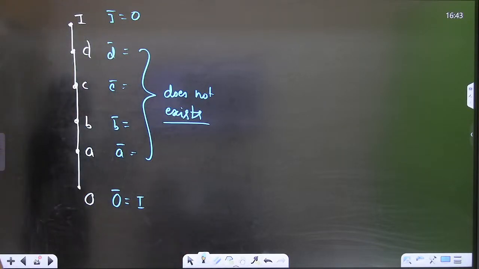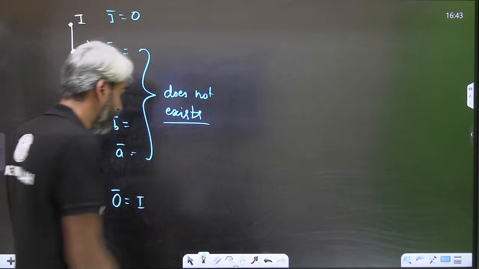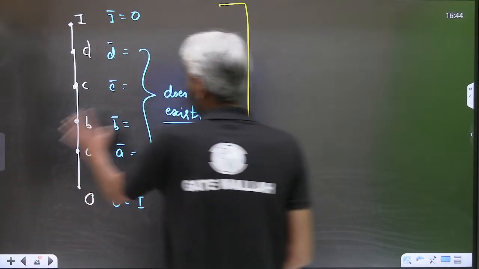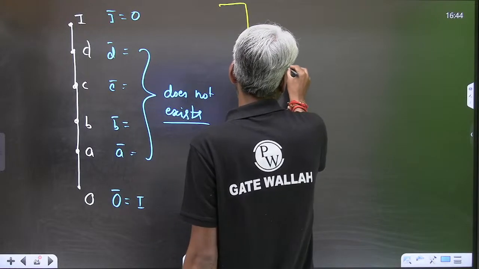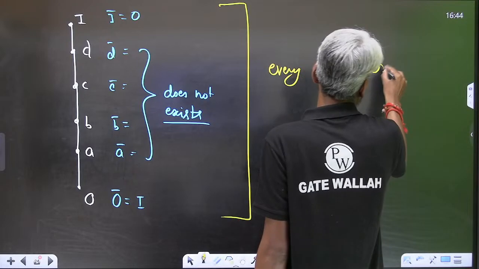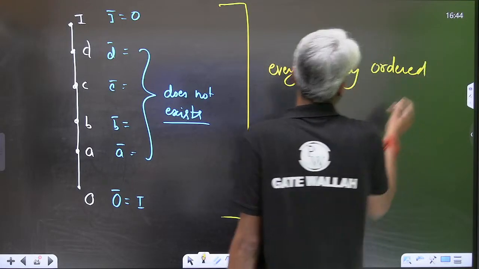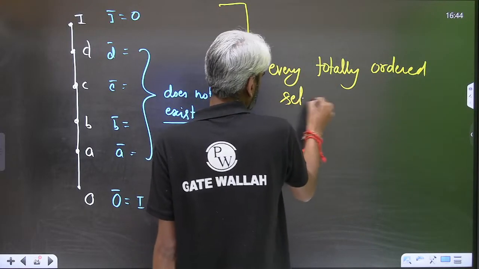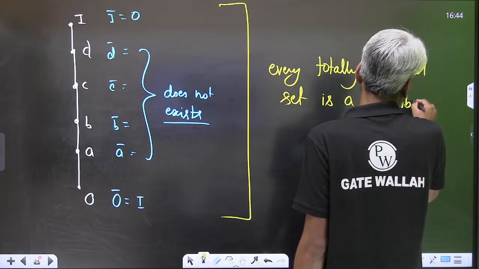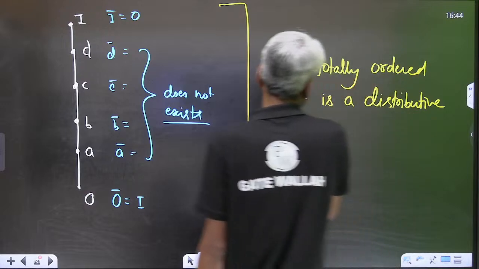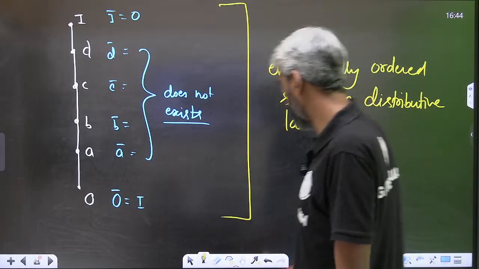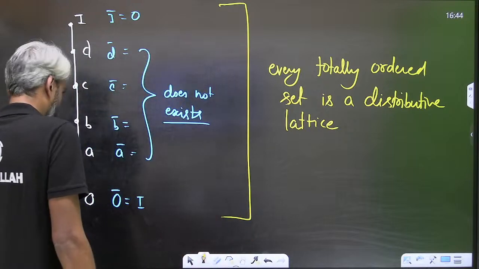Please try to understand. Every totally ordered set is a distributive lattice because no element will have more than one complement.